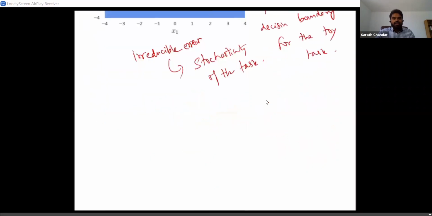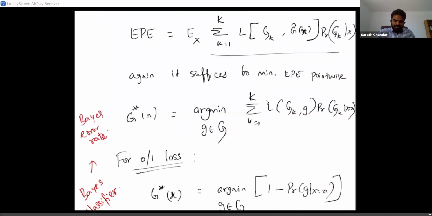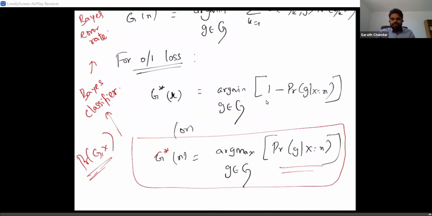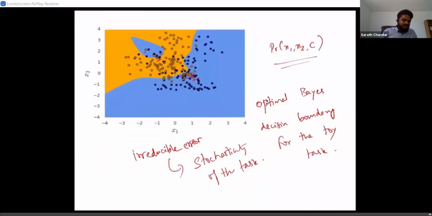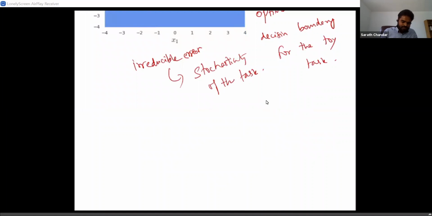Okay. So now what have we learned? We have learned that the best possible classifier for a classification problem is this g star, right? Now let's ask the same question: how is K nearest neighbor approximating this solution?